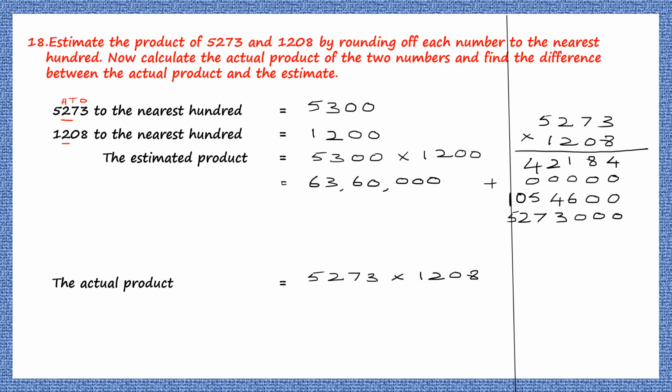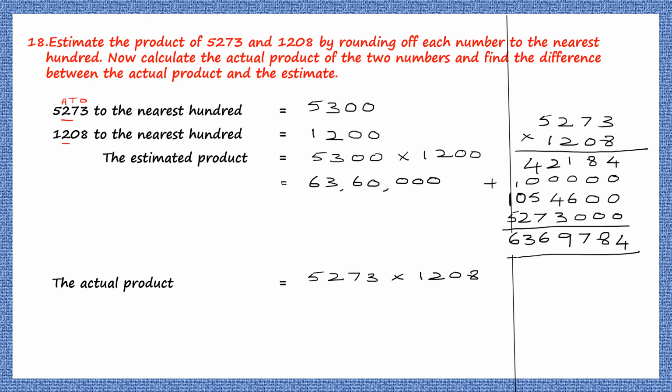Now let's add up all this. 4, then 8, 1 plus 6 is 7, 2 plus 4 is 6, 6 plus 3 is 9, 4 plus 5 is 9, 9 plus 7 is 16, carry 1, 1 plus 2 is 3, and 1 plus 5 is 6.